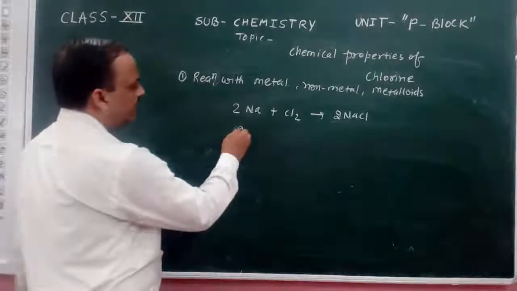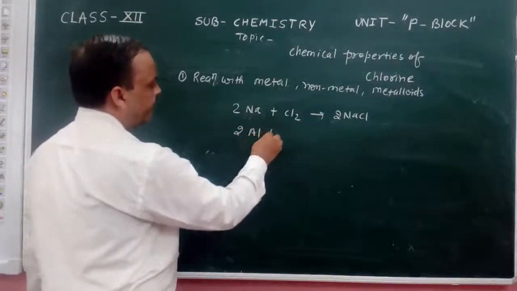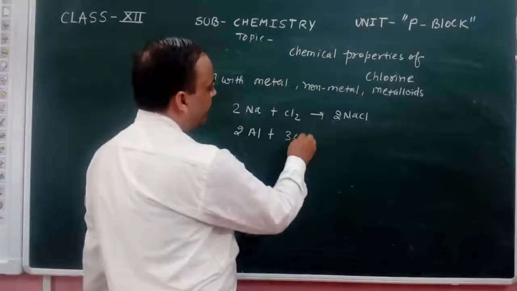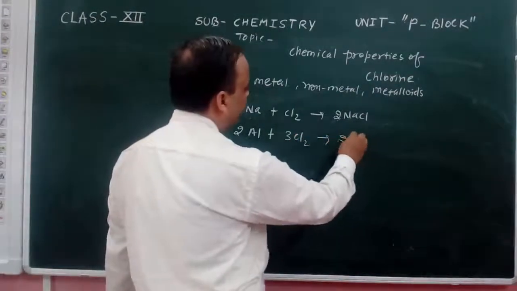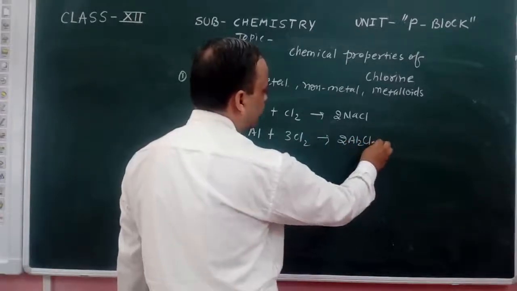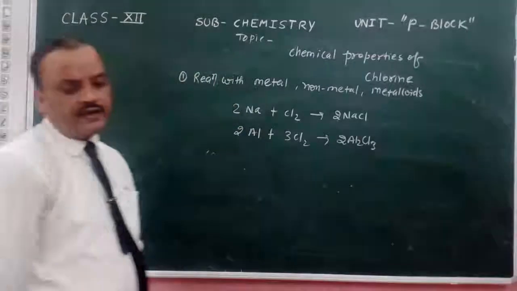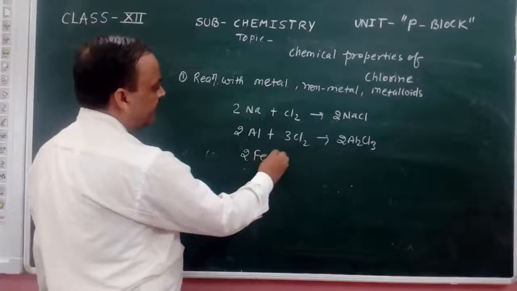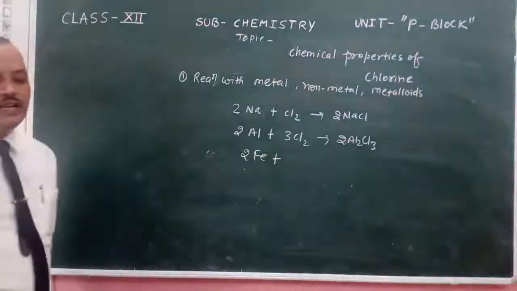Another reaction: aluminium reacts with chlorine, and we get AlCl3.